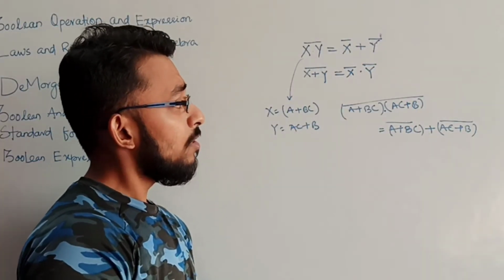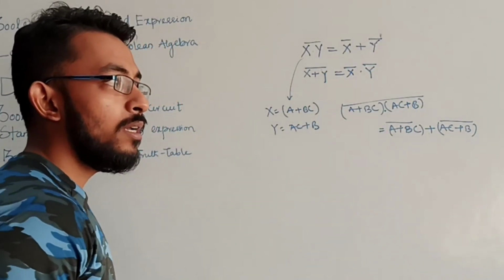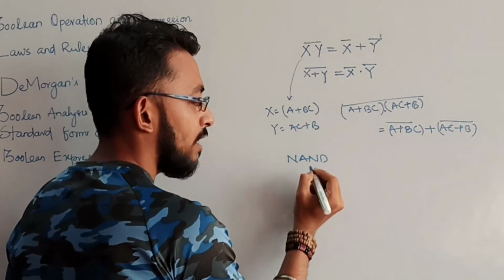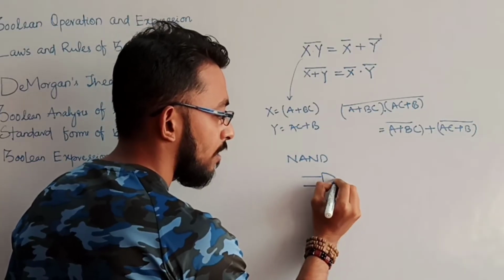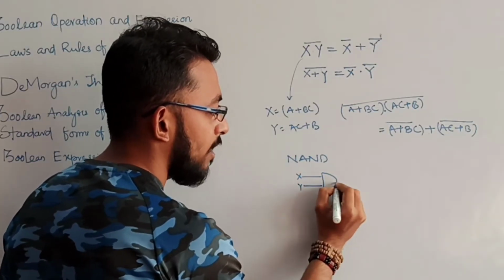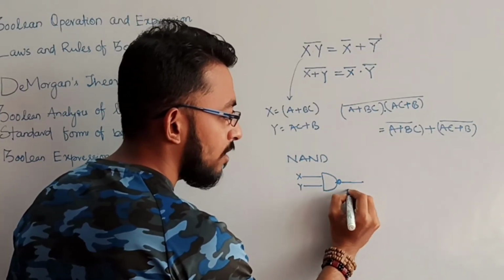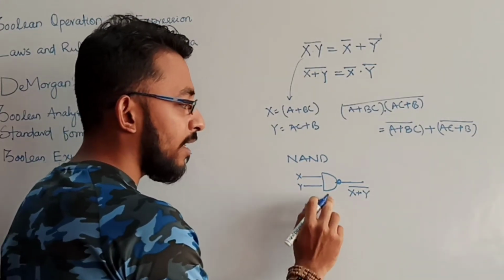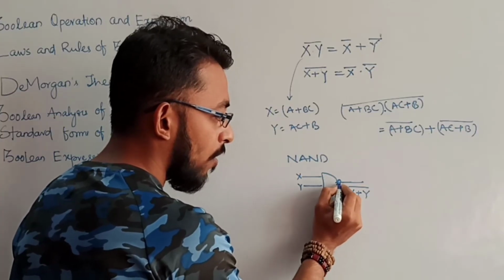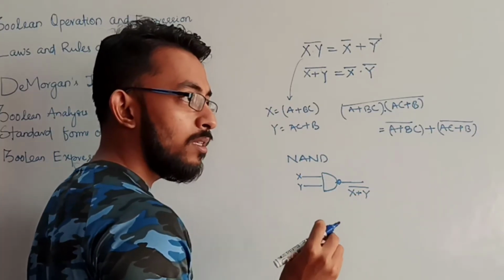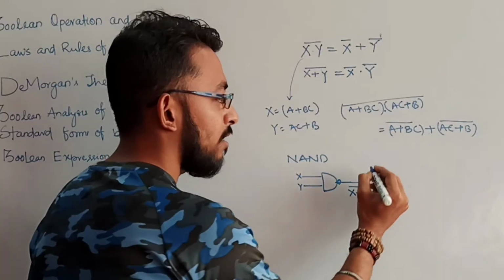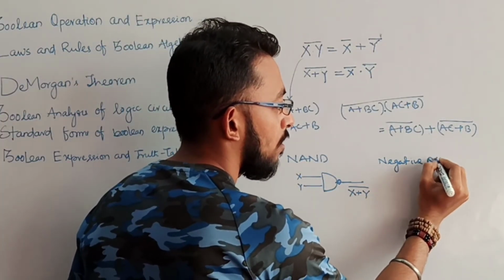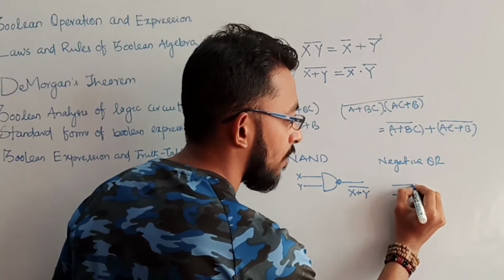First we have to find which variables we can apply the De Morgan theorem to. If you remember our NAND gate, this is x, this is y, and here is one bubble. What is the output? x plus y bar. This is the NAND gate representing NOT plus AND. There was also another way to represent NAND, that was negative OR. How do we represent negative OR?